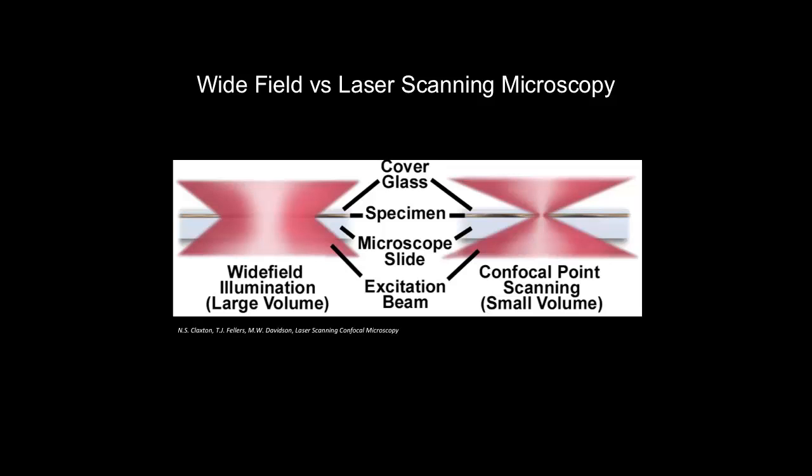We focus the light to get to the microscopic scale, and then we scan this focal point across the specimen. That gave rise to a technique that was originally called confocal point scanning, and later on laser scanning microscopy, and we'll see why.